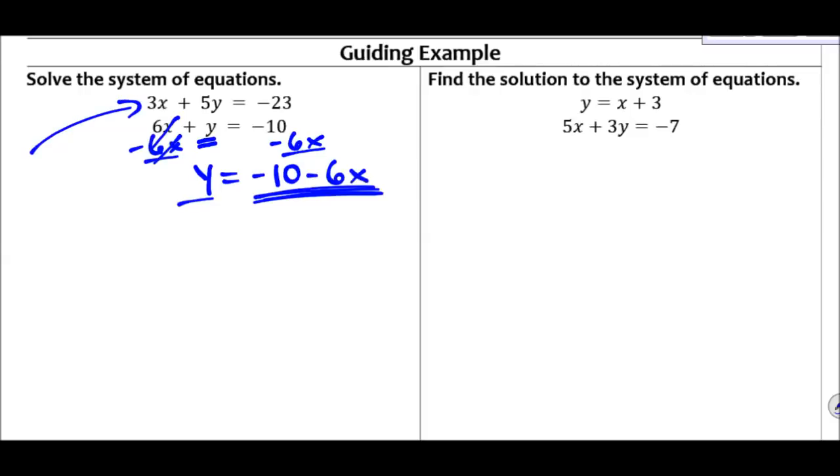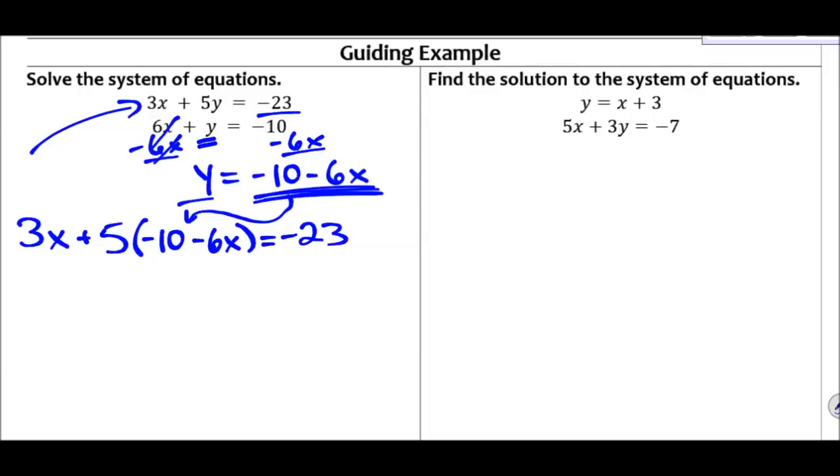I'm going to rewrite that 3x plus 5 times y, but instead of y there, I'm going to substitute this whole expression in: negative 10 minus 6x, equals still negative 23 on that side. Y and that expression are the same thing, so I'm really just replacing the y with that expression.